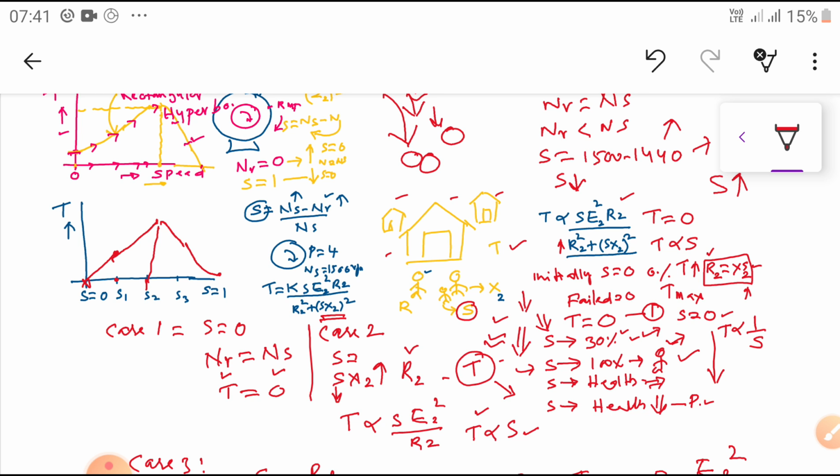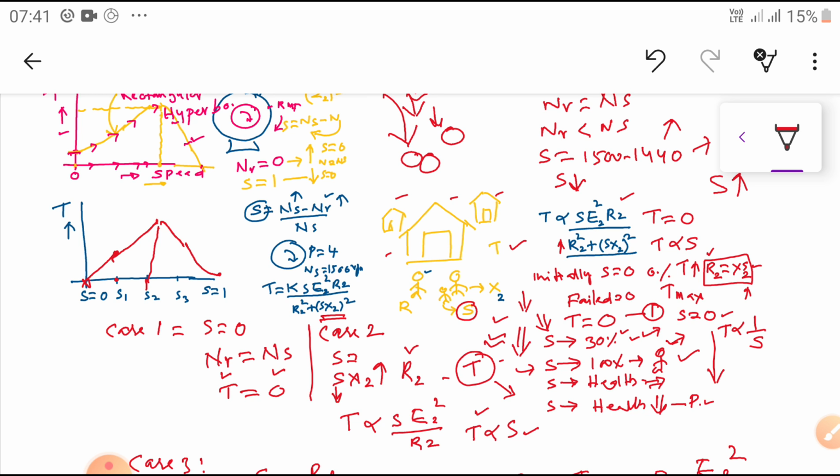And third case, when the slip increases further, that means the load added on the rotor is increased, the rotor will retard, then the speed decreases with increase in load, the torque increases and becomes maximum when the rotor resistance is equal to S times the rotor reactance value. At that condition, it produces a maximum torque.